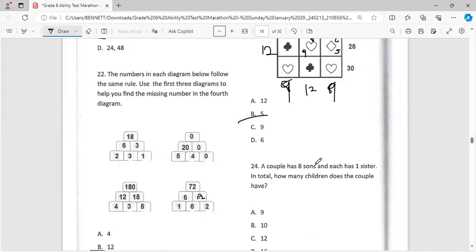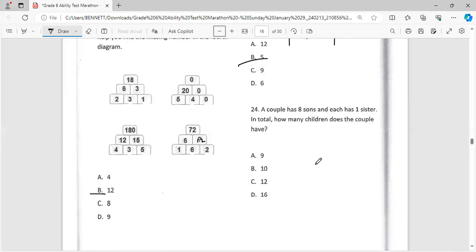So can I do that one? Alright, go ahead. Sir, wait, sir, remember a boy told you this question? A couple has 8 sons and each has 1 sister.